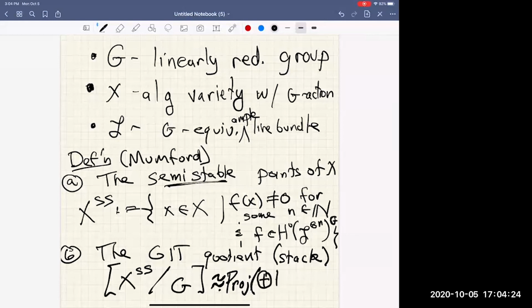If I wanted to get X, I'd take Proj of this line bundle. If I want to get X mod G, I want to add this G, the invariant section. Okay.